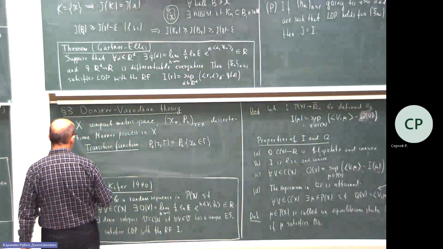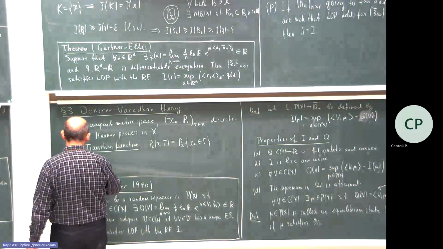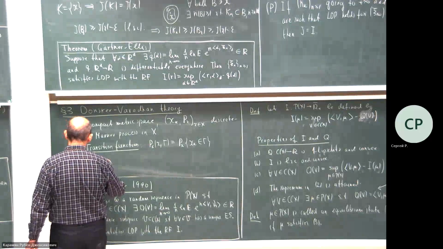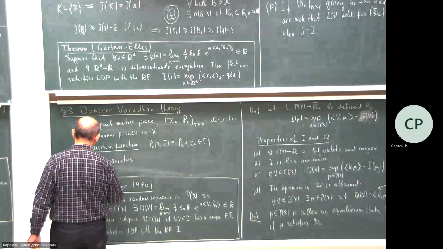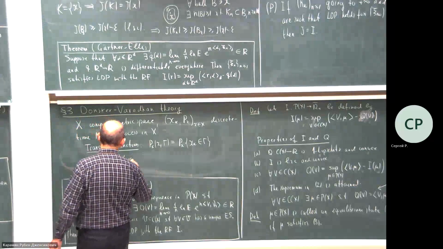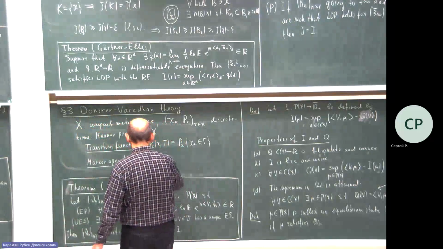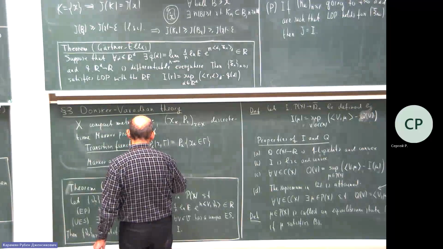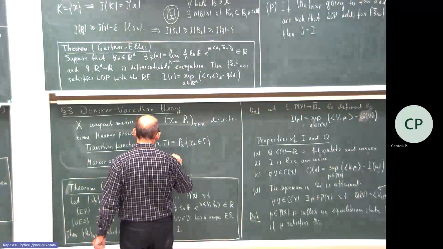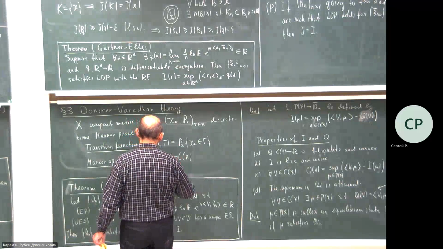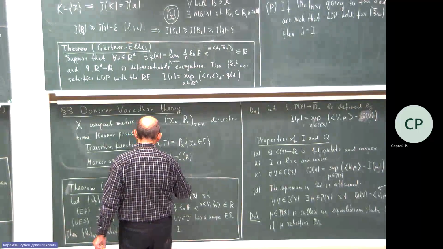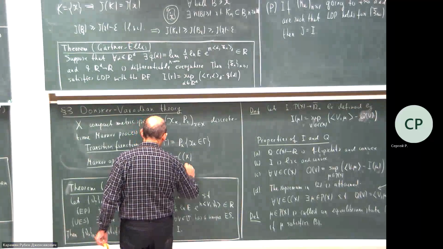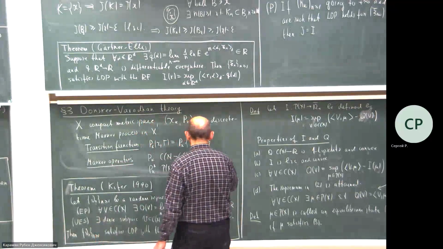And then you can define Markov operators. As usual, there are two families, P_k acting in the space of continuous functions and P_k star acting in the space of probability measures.